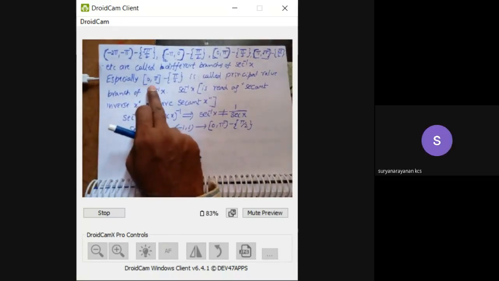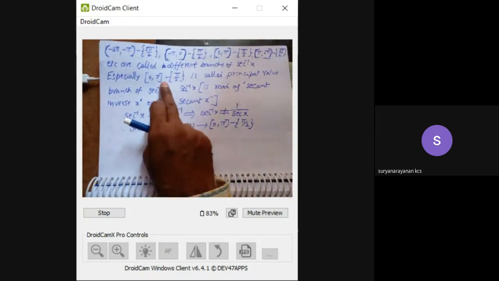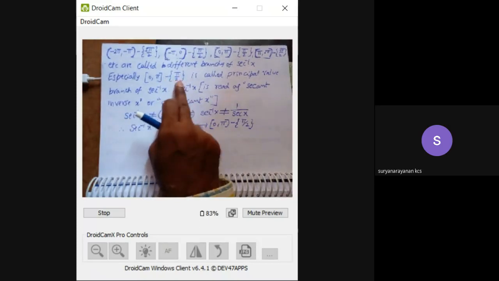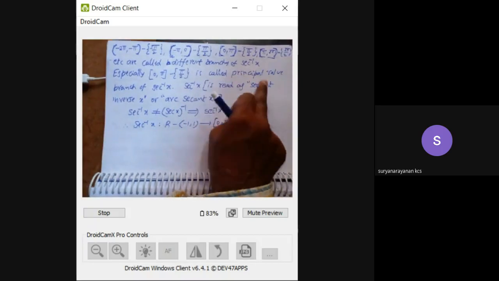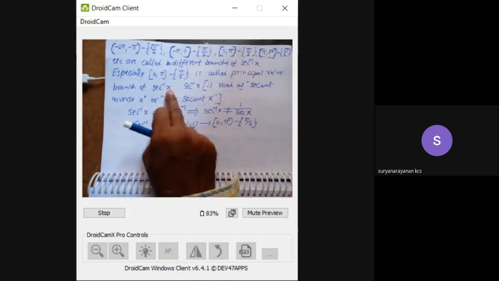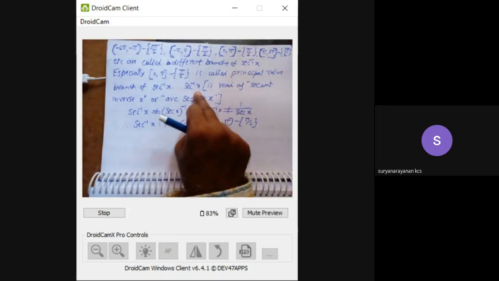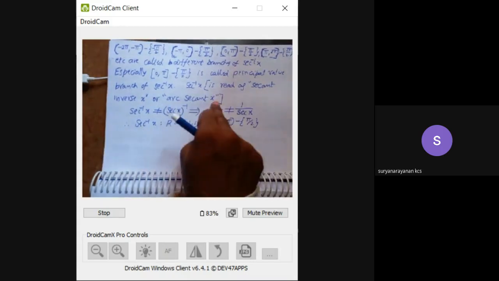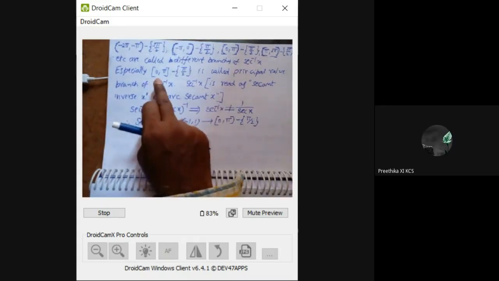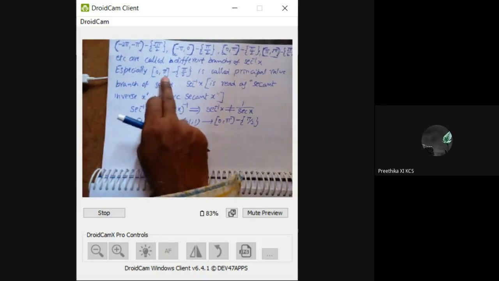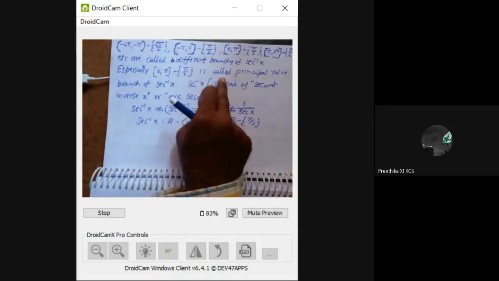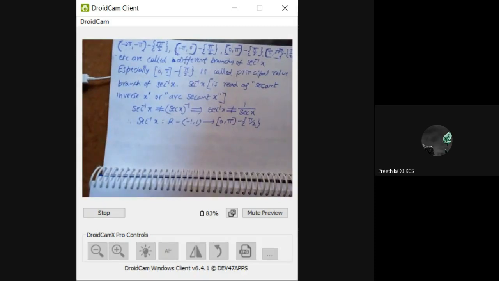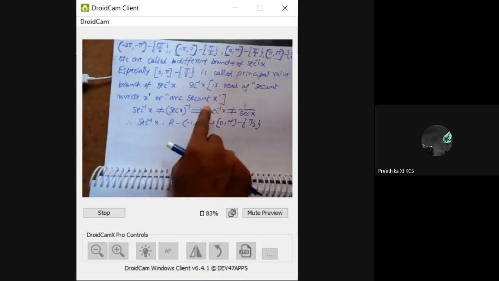Closed interval [0, pi] minus singleton set {pi/2} is called principal value branch of secant inverse x. This notation is read as secant inverse x or arc secant x. Yes, sir. Okay. Closed interval 0 comma pi minus singleton pi by 2 is called principal value branch of secant inverse x. This is read as secant inverse x or arc secant x.